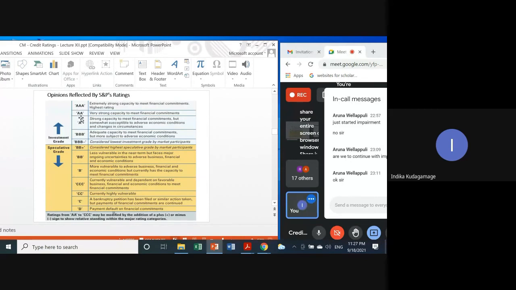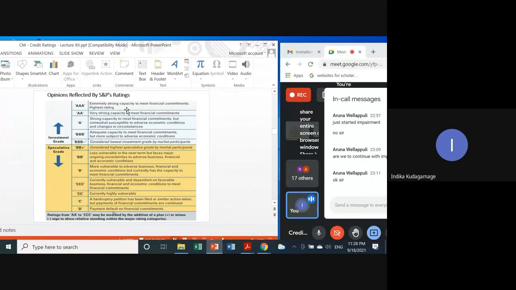From double A to triple C, you can have plus and minus. That means double A plus, double A minus, BB plus, BB minus. Like that, you can have additional notches, but these are the classifications.